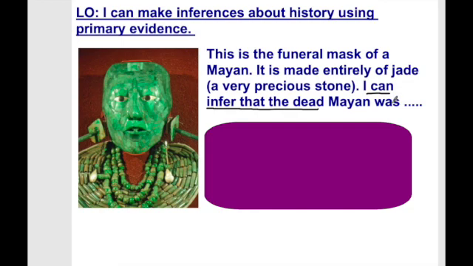I can infer that the dead Mayan was, and then you're going to write if they were a poor person or a rich person, if they were an important person, if they were a man or a woman. What can you tell from this mask about this person? What kind of person would they bury in an expensive mask made entirely of a precious stone?